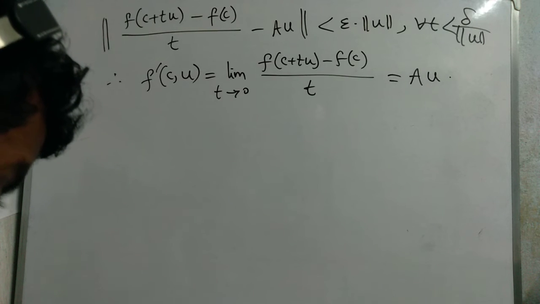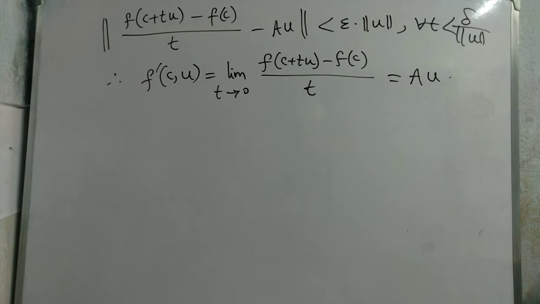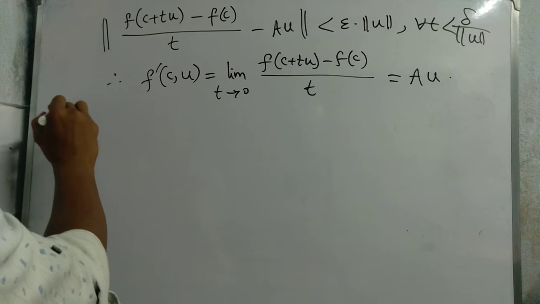First we see some examples. Then we are going to another proposition and discuss the relation between partial derivative and directional derivative. Now we write some examples.